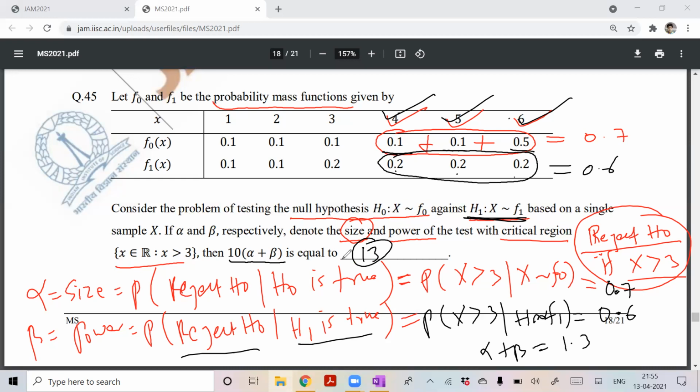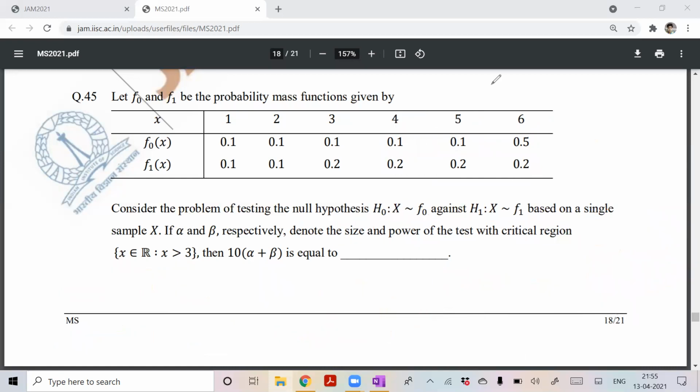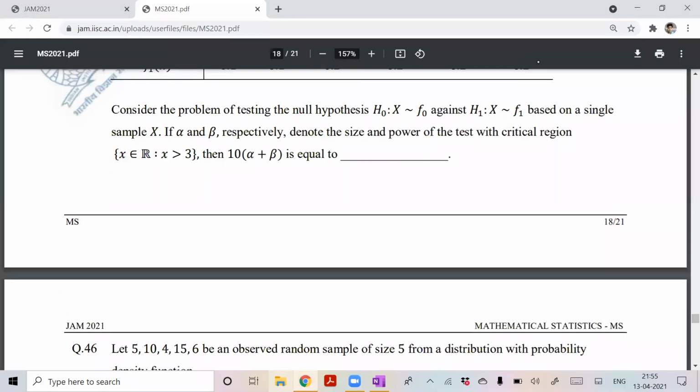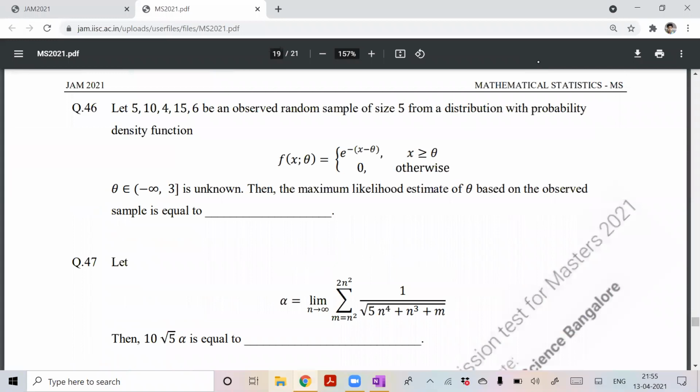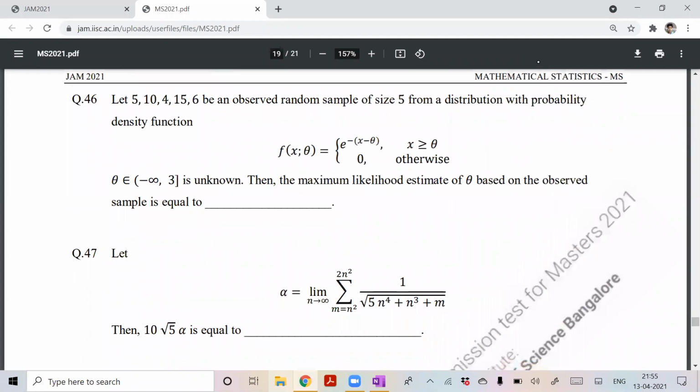Okay, and next, question number 46. In question 46, they gave us the observed random sample 5, 10, 4, 15, 6 of size 5 from a distribution with this PDF.